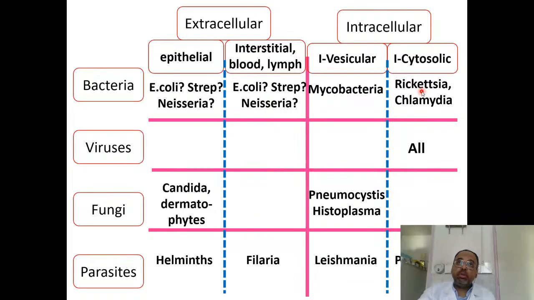And if it's intracytoplasmic, I can phagocytose the entire cell that contains something inside it. Or I can wait for the cell to die, and then I phagocytose cell debris as well as the pathogen that has been released. So for phagocytes, it doesn't really matter where the pathogen is located, except for the epithelial surface to which they don't have access.